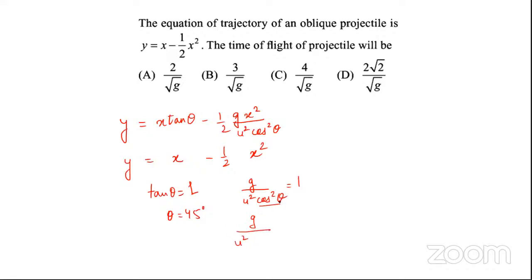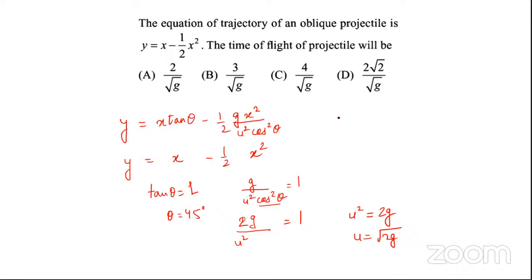Cos 45 is 1 by root 2. 1 by 2 and it's in the denominator, so it becomes 2g by u square equals to 1. That gives us u square equals to 2g and u equals to under root of 2g.